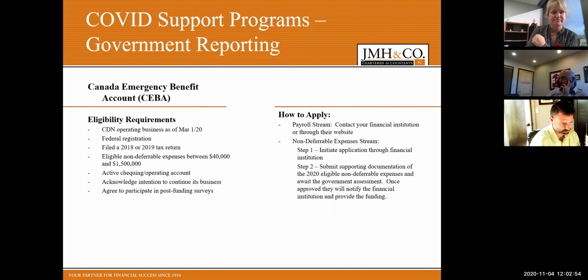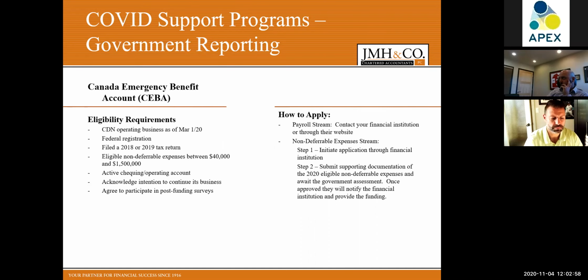Sure. So we'll start right into the Canada Emergency Business Account. My apologies for running over last time. I wanted to make sure we covered the programs. We had the vote, and about 80% of the people wanted to go into detail, so we went with the democratic system.